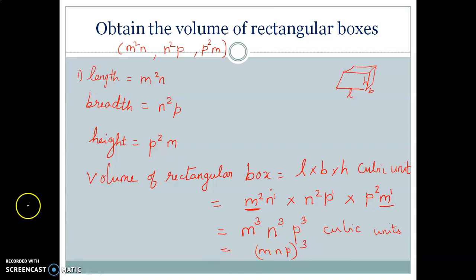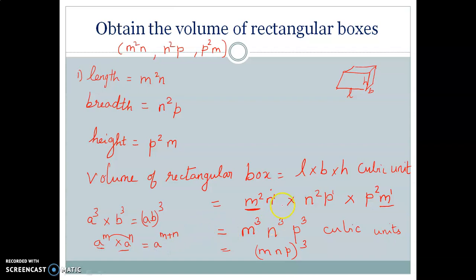Here what law do I use? Law of exponents. a cube into b cube is equal to ab the whole cube. Do you remember this law? Law of exponents: if the bases are the same, a power m and a power n, powers are different, we will add up the powers.